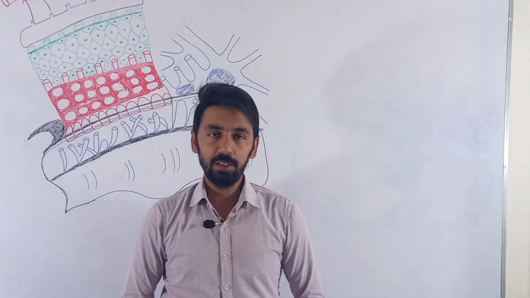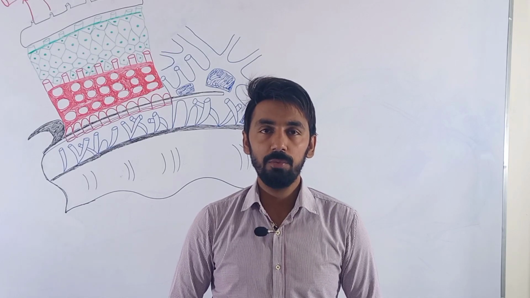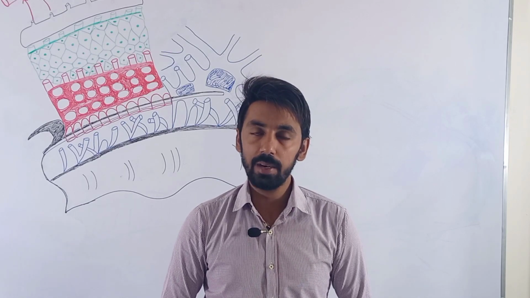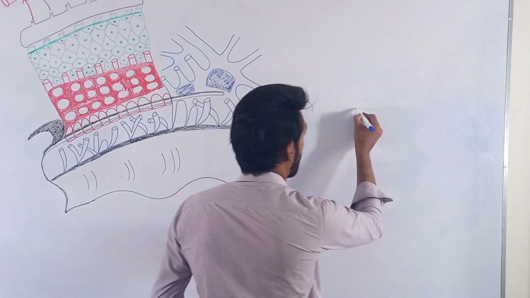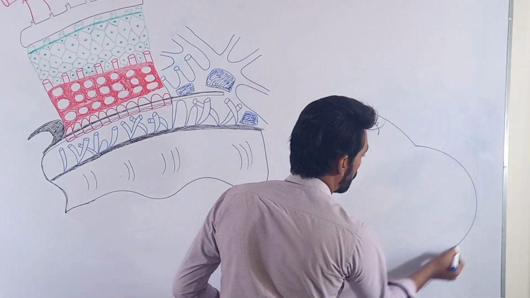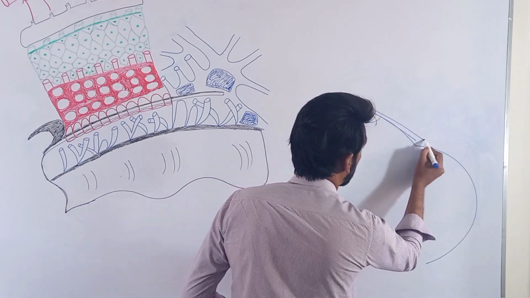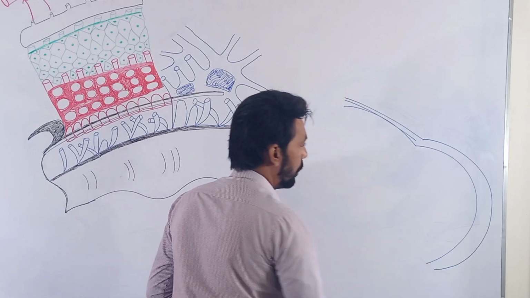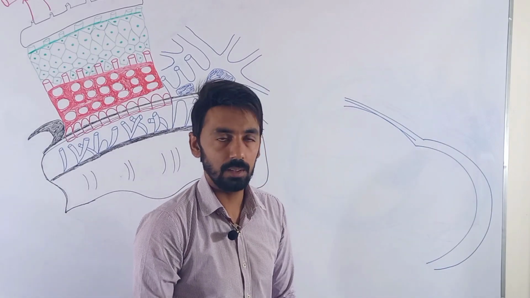So before learning about the anterior chamber and anterior chamber angle, we have to learn about some important landmarks, right? And the first one is called... you know that this is the anterior-most transparent structure, which is called the cornea, right?